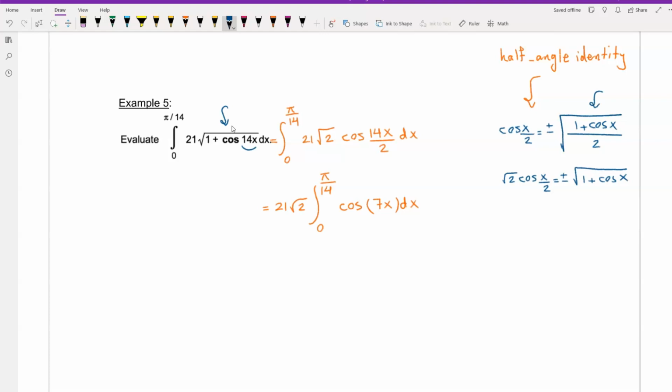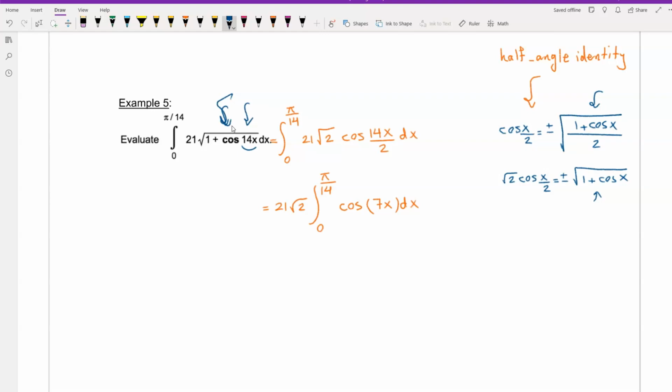So I multiply both sides by square root of 2 to be able to find square root of 1 plus cosine x, which is the same as what we have here, but the only difference is that after cosine we have x, but here we have 14x.